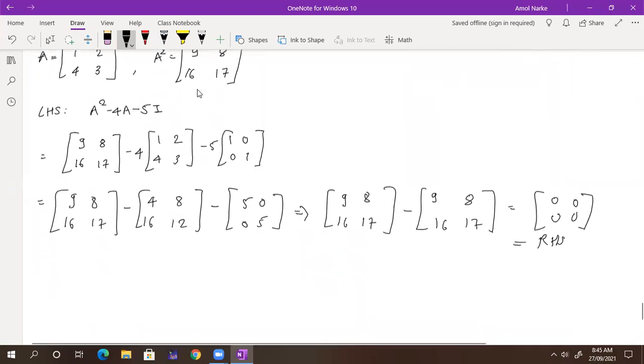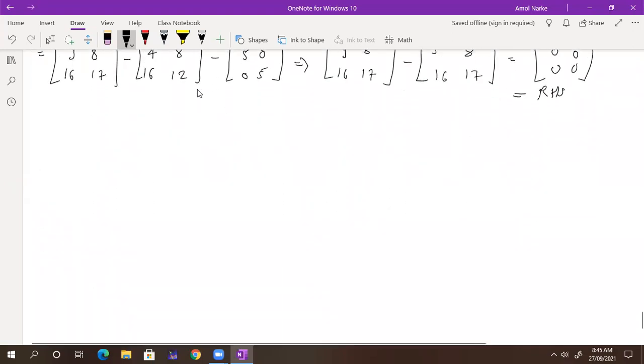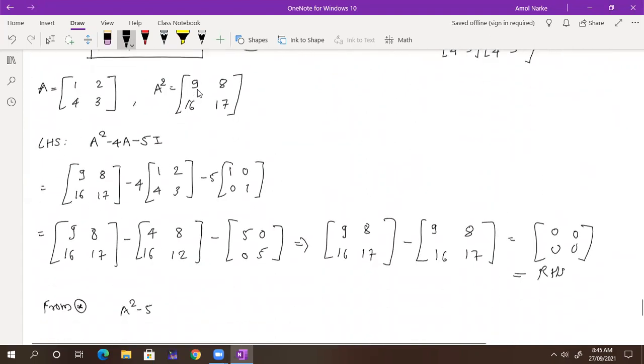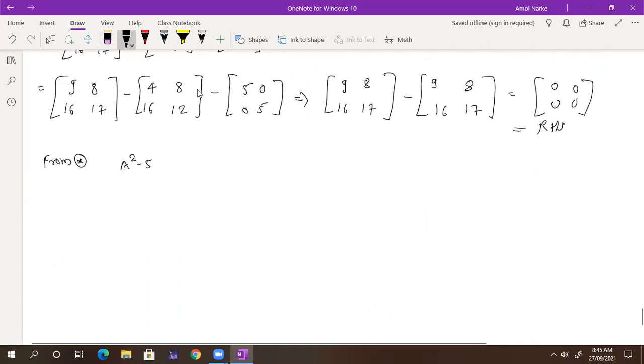From star, we have the equation A square minus 4A minus 5I equal to 0. Now you wanted to find A inverse.